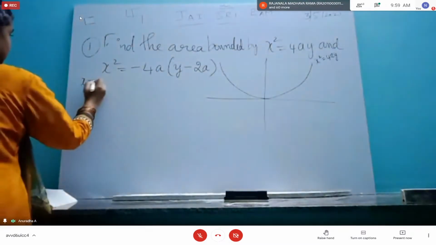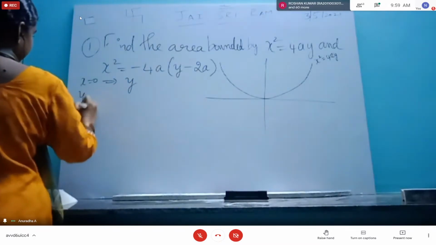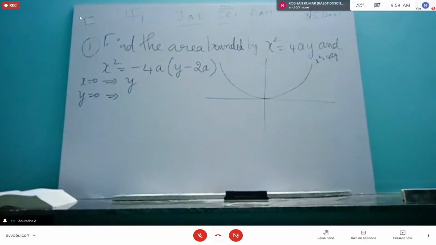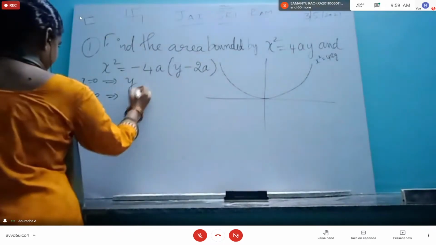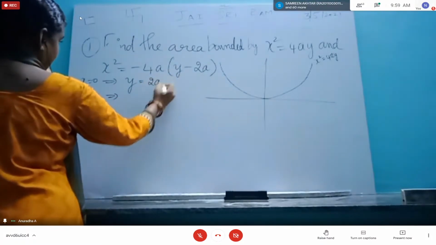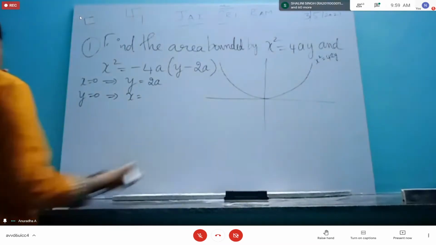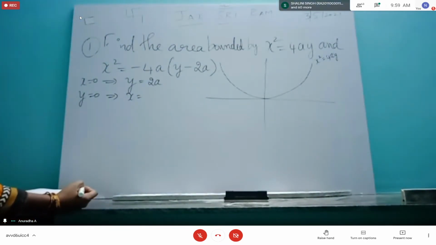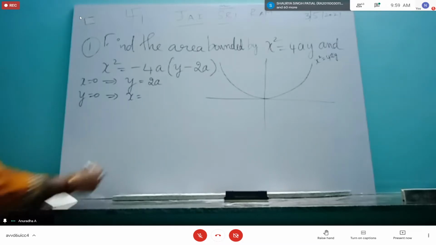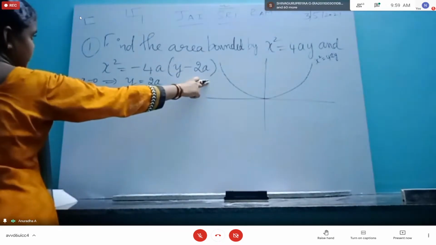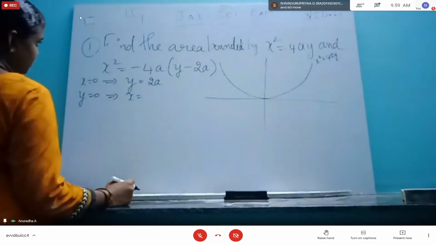When x equal to 0, what will be the value of y? 2a. When y equal to 0, what will be x? Root 8a square, so it will come 2 root 2a.